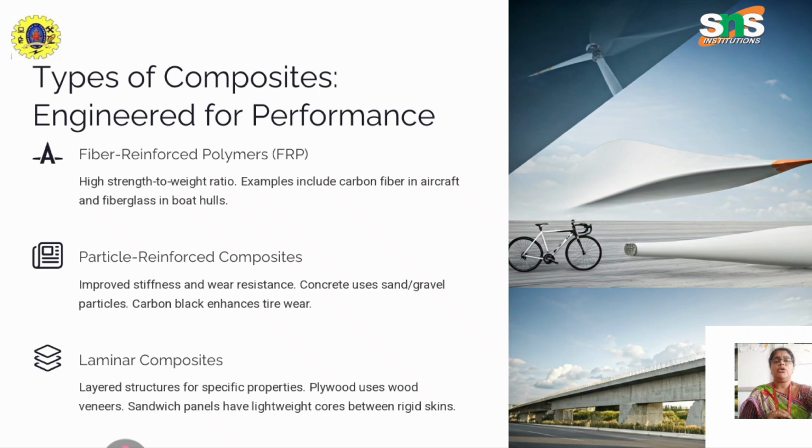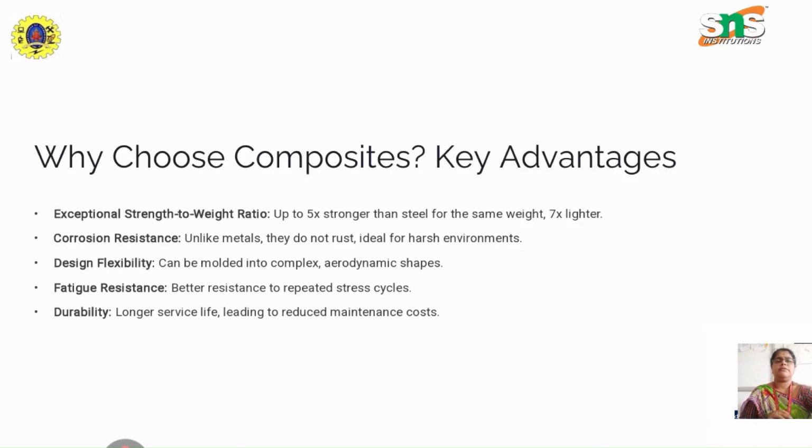Next are the laminar composites, which have a layered structure for specific properties. For example, plywood uses wood veneers, and sandwich panels have a lightweight core between rigid skins. So these are the different types of composites, engineered for good performance.